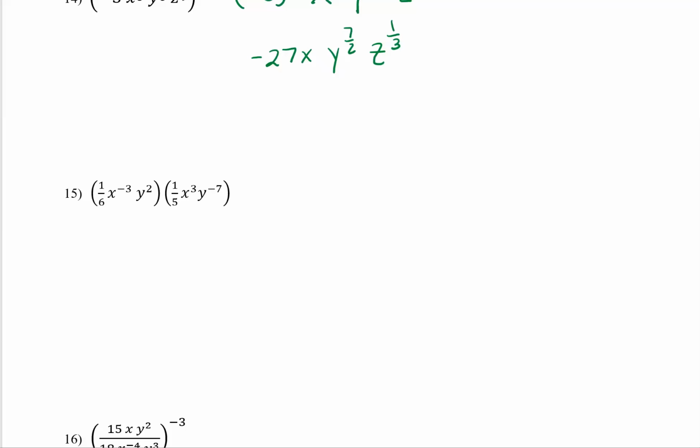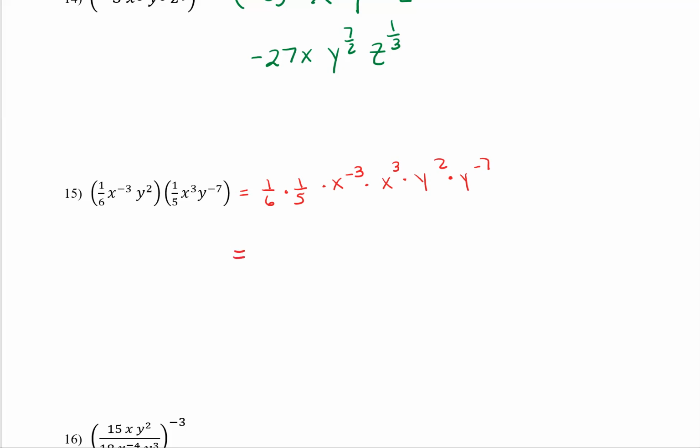Number 15, if you want, you can rewrite this as 1/6 times 1/5 times x to the negative 3 times x cubed times y squared times y to the negative 7th. Because we can multiply in any order, we can rewrite it like that.